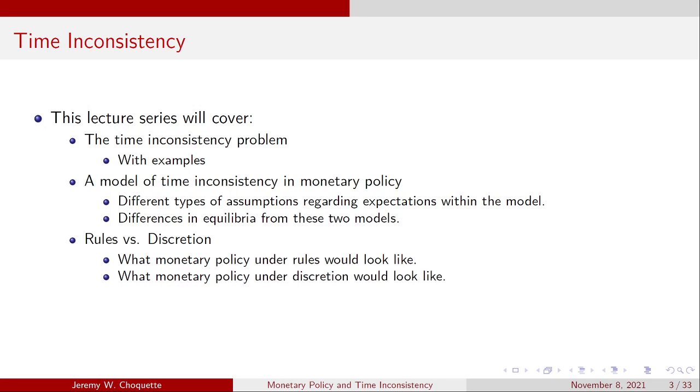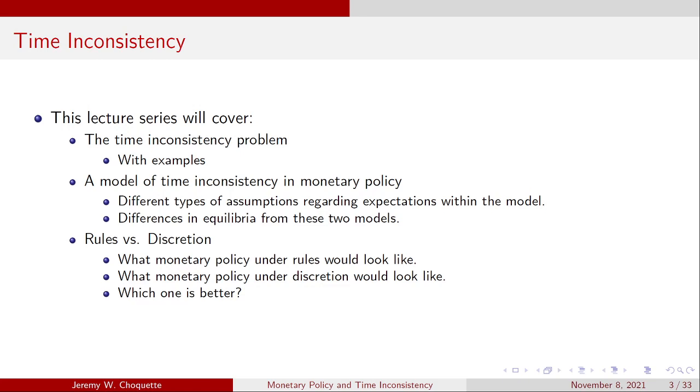We're going to talk about what monetary policy under discretion would look like, where they are basically allowed to do as they see fit in order to stabilize economic conditions, namely stabilize business cycle fluctuations with respect to output in this model, although it can also be done in the context of unemployment and inflation, namely that they would use inflation to try to curb large swings in either output or unemployment.